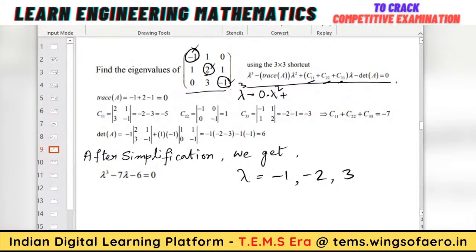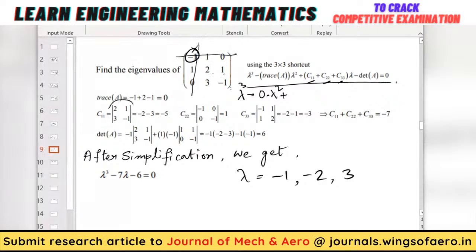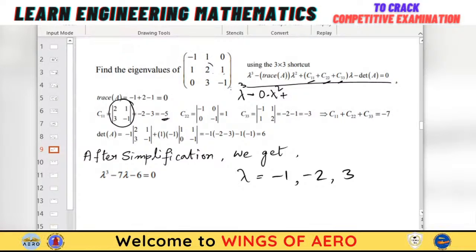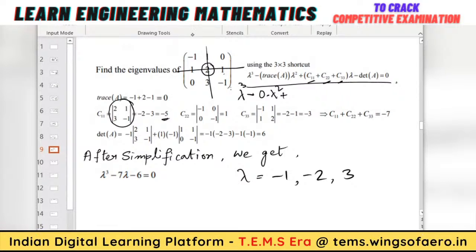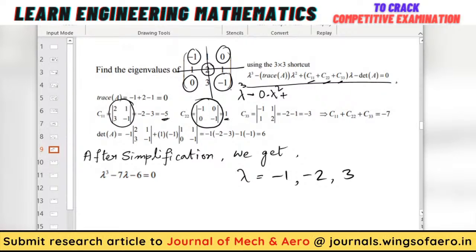Okay, first I am finding out the minor of this first element. The minor of the first element is, delete this row and this column, 2 1 3 minus 1, which is equal to minus 5. Okay, next the minor of this element C22: minus 1 0 0 minus 1, determinant equal to 1.